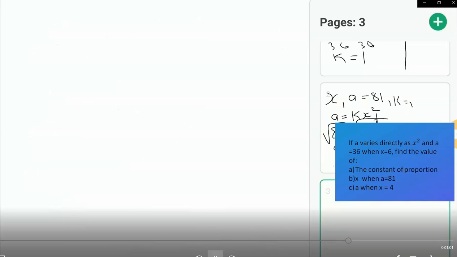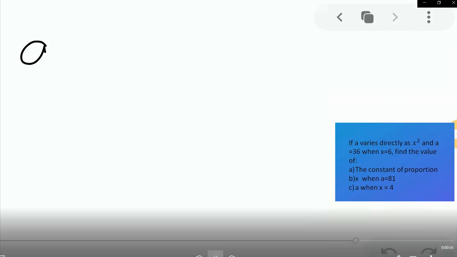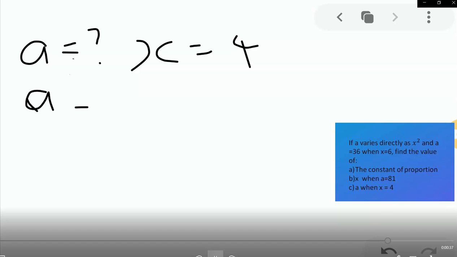The third part of the question asks us to find a when x is equal to 4. You always have to go back to the equation that you formed from the beginning. So the equation was a equal kx squared.